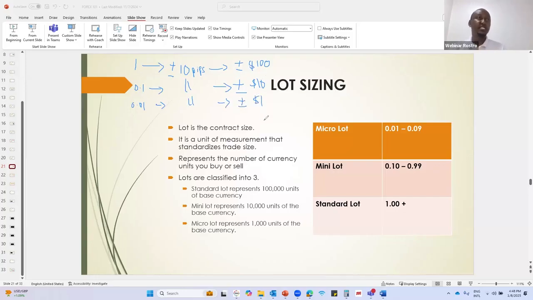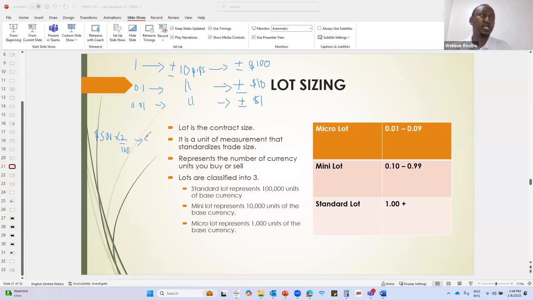This brings us to the aspect of risk management, because I know you are going to ask which is the best lot size to use. We always say do not risk more than 1 to 2% of your account. Let's take an example of an account of $500, and say you are taking the highest risk, 2%. 2% of this is $10.